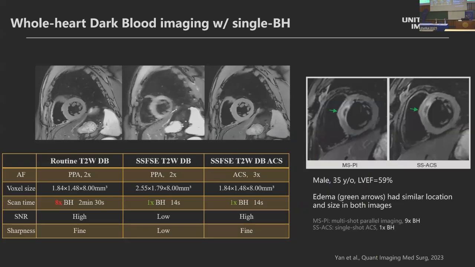So with ACS and deep recon working together, very high quality cardiac scans can be achieved with a much improved balance between efficiency and quality.